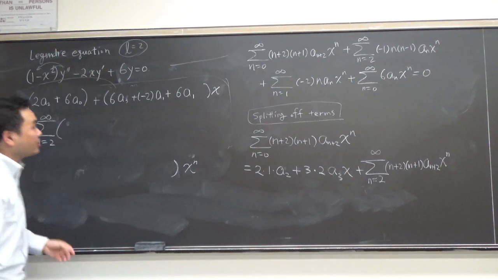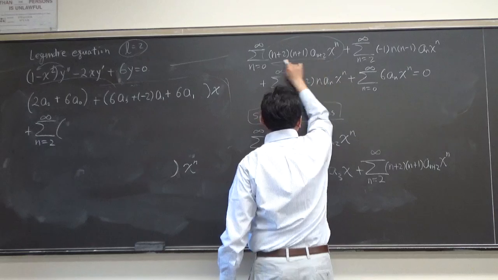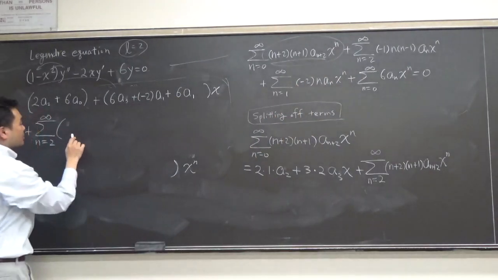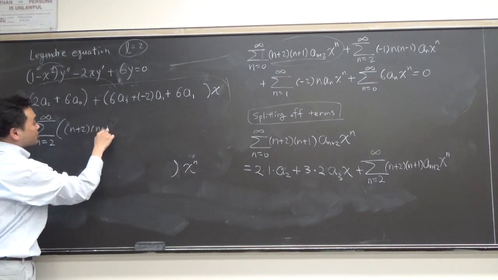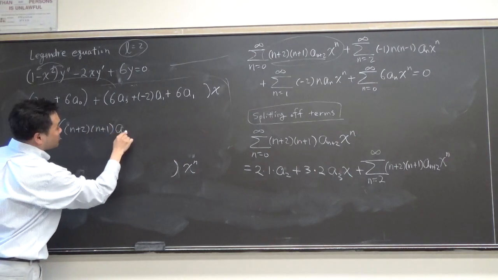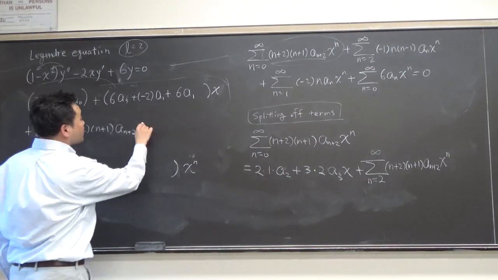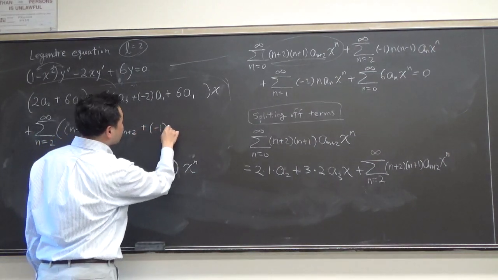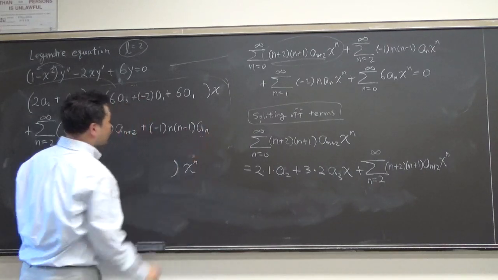If you factor the x to the nth power out, this is what you get. N plus 2, n plus 1, a n plus 2, and then plus negative 1 times n minus 1, a n.